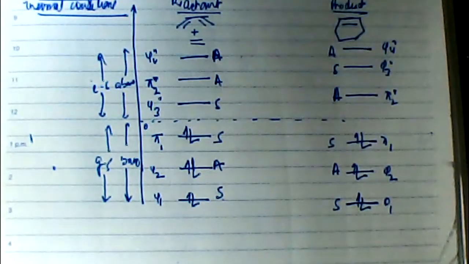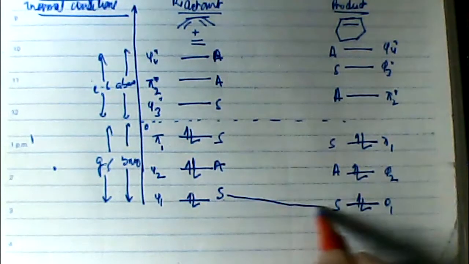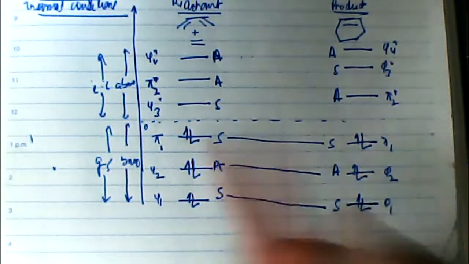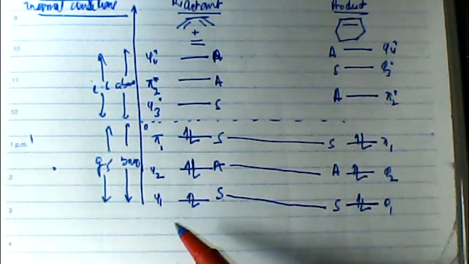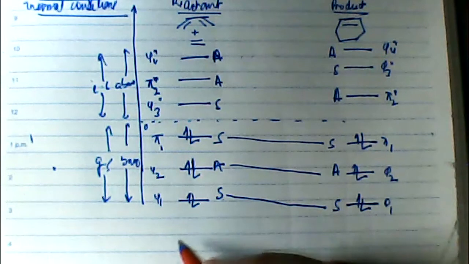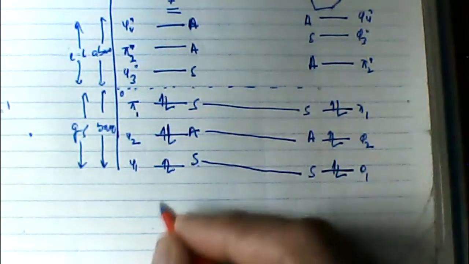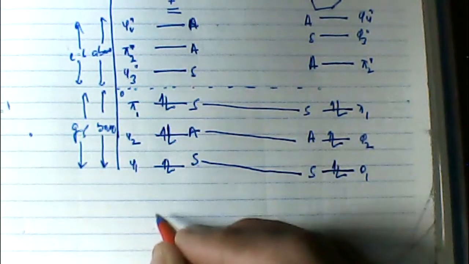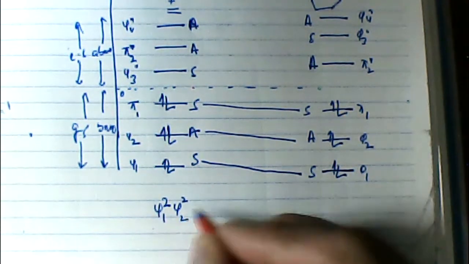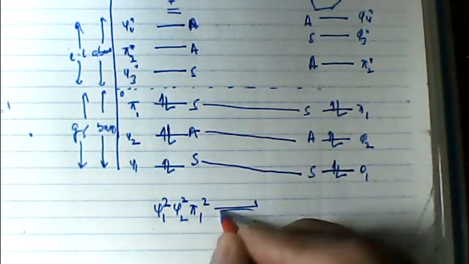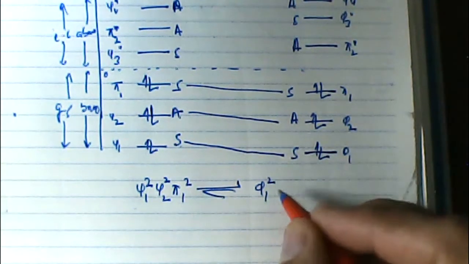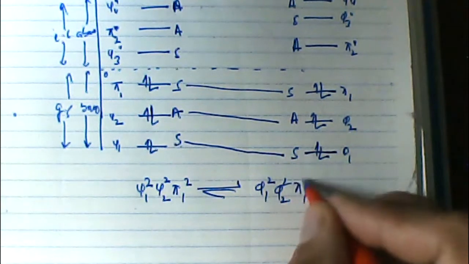But if I want to check the correlation, see, S matches with S, A with A, S with S. I can say the ground state molecular orbitals of the reactants correlate with the ground state molecular orbitals of the products, and hence psi1, psi2, pi1 correlate with phi1, phi2 and pi1.